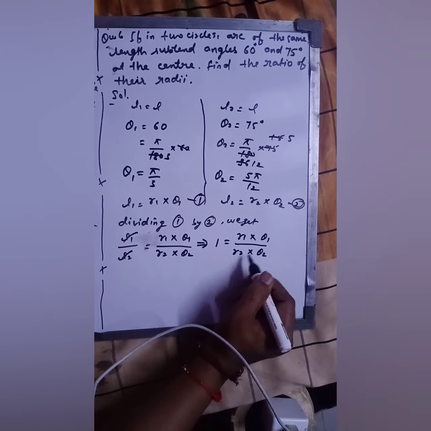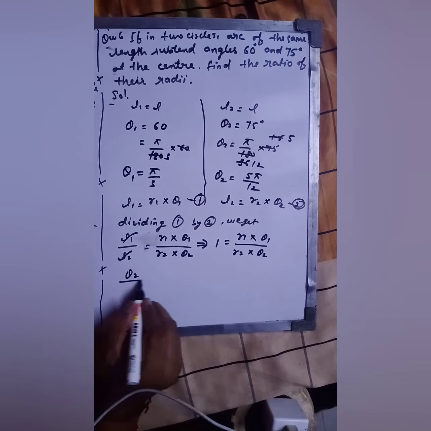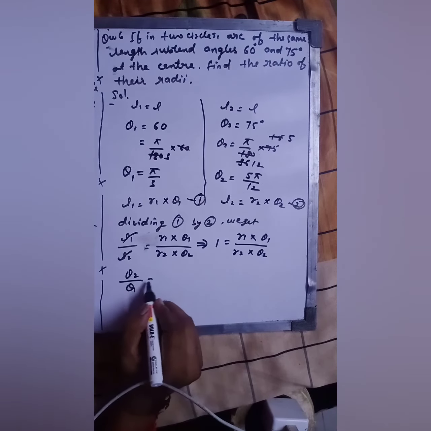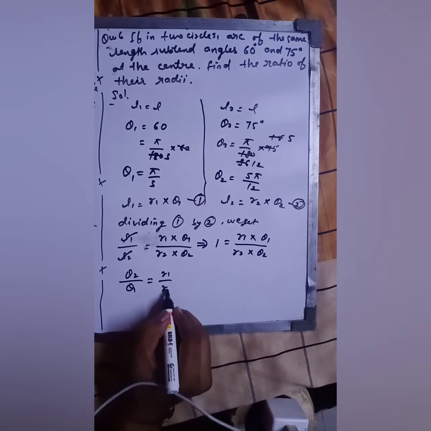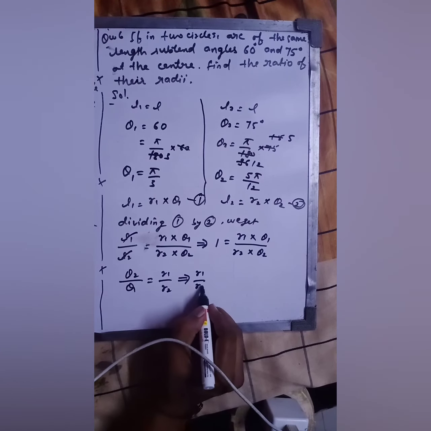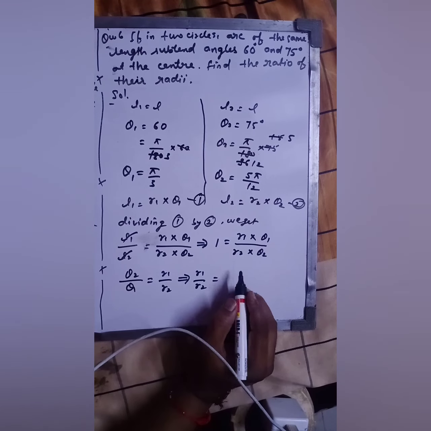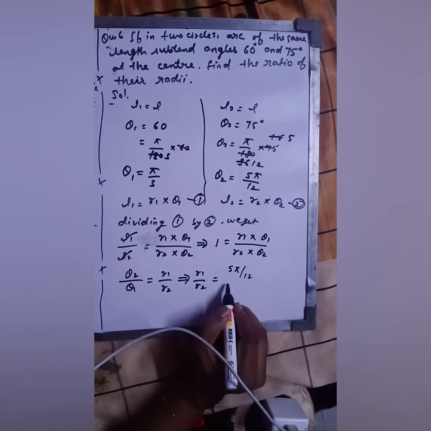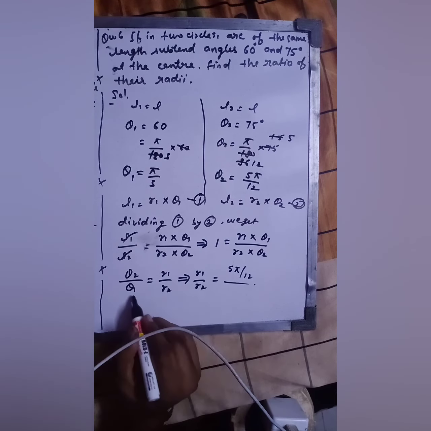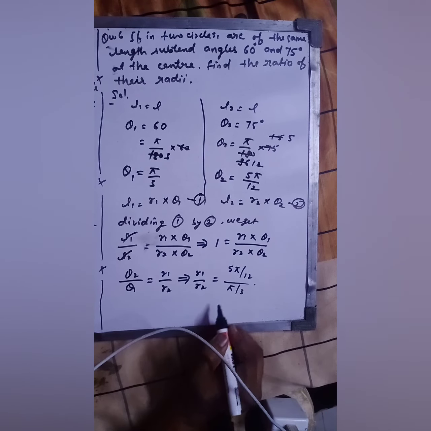So what I'm doing, I'm bringing this here, I'm writing this equation like this: theta 2 over theta 1 is equal to R1 upon R2. This will give you R1 upon R2, which you have to calculate. That is equal to, theta 2 is what? Theta 2 is 5 pi by 12, and your theta 1 is pi by 3.